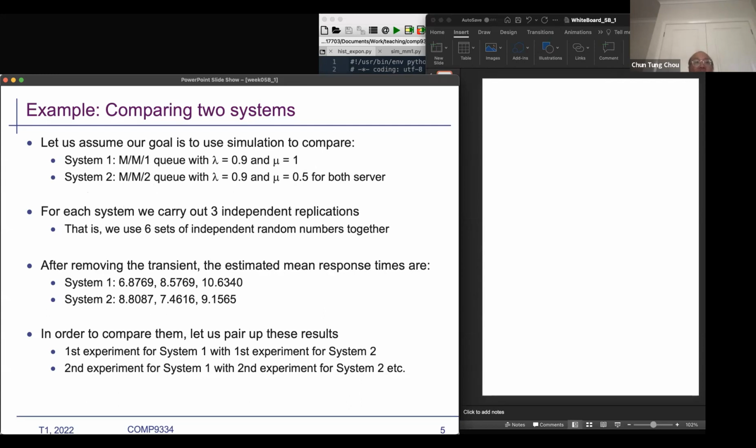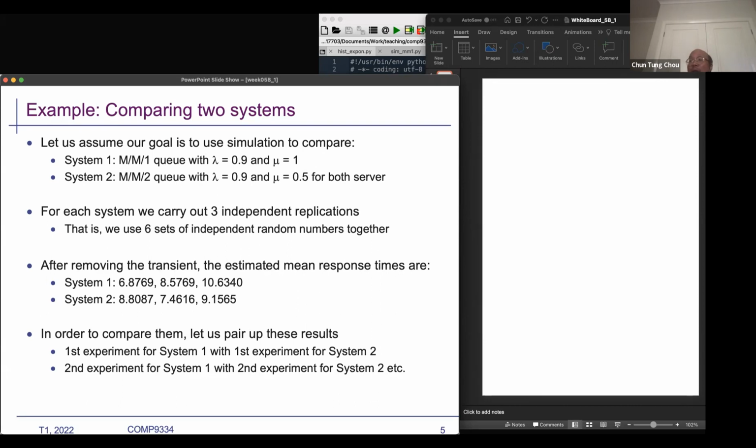I'm going to simulate the MM1Q 3 times, so 3 independent replications. For the MM2Q, I'm going to do the same: another 3 independent replications. Because for each system I'm going to simulate 3 times, for both systems together I'm going to use 6 different sets of random numbers to perform this simulation.